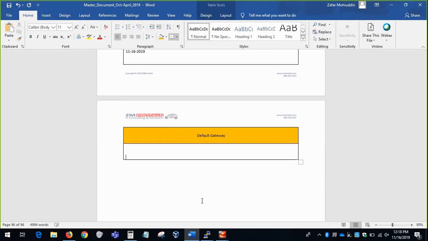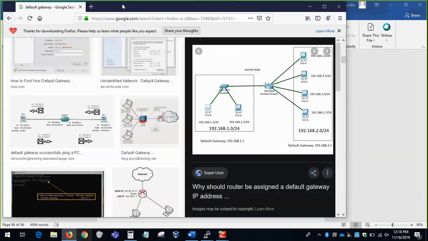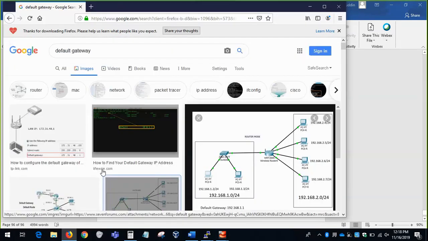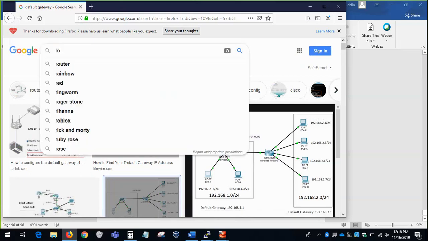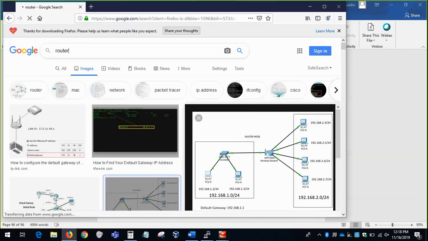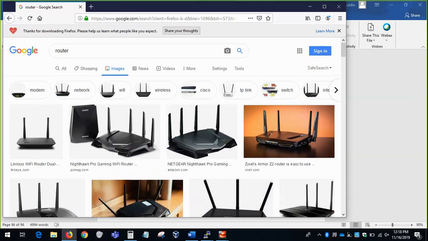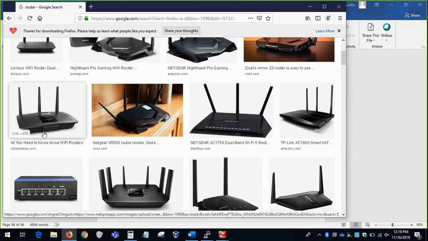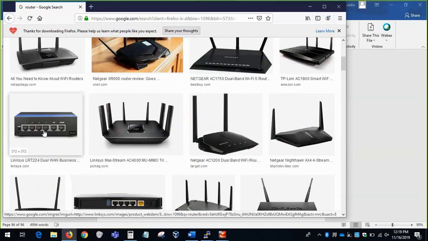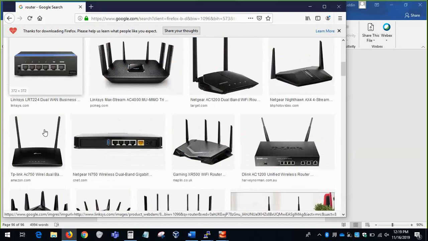So you all know what is a router, right? Let's concentrate on a home router. You all know a difference between a router and a switch, right? Anybody has any confusion what a router is and what a switch is?